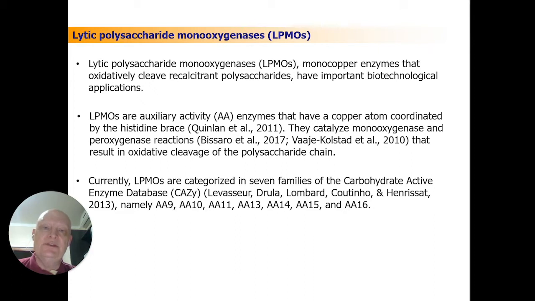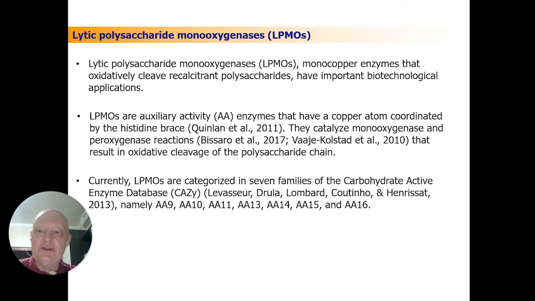These enzymes catalyze both monooxygenase and peroxygenase reactions, and these reactions result in oxidative cleavage of the polysaccharide chain. During this process, an oxygen atom is inserted at the C1 or C4 position of the beta-1,4 linkage of cellulose, for example.